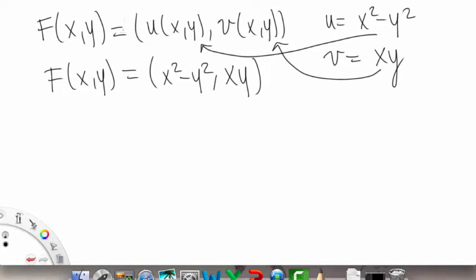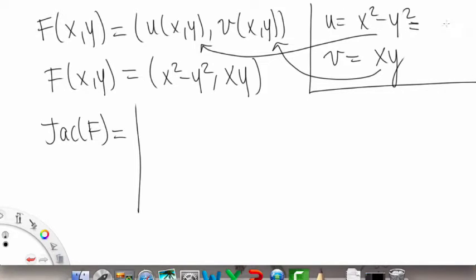Okay, so from here we're going to compute the Jacobian of f, and this is going to equal, okay, so this might be a little bit trickier because I'll label these up here. So this is an important part up in this box here. This is u of x and y. A function of x and y determines what our u value is, and v is the same thing.